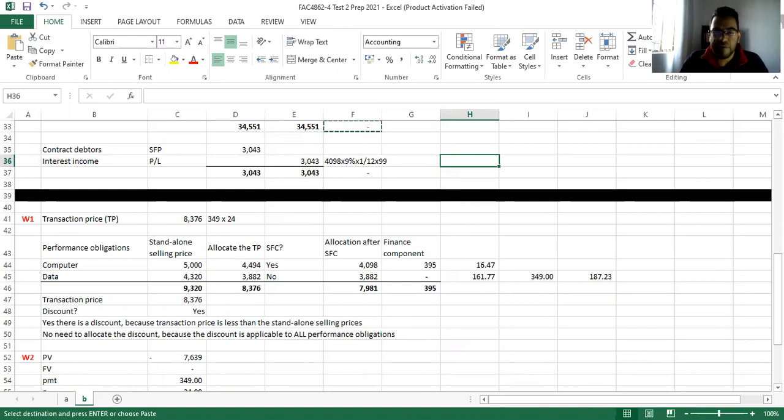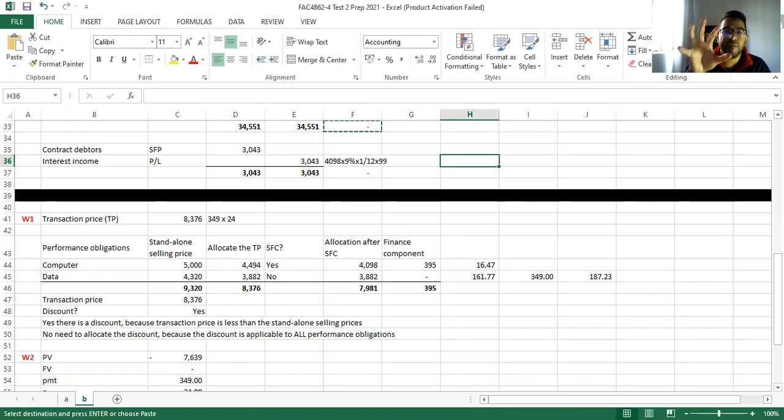On 7-8 December, what takes place. On 31 December, what takes place. On a piece of paper, draw a timeline. You don't have to draw a fancy thing. A timeline is a line with different dates on it. Okay, so here are 3 dates. 1 December, 7-8 December, 31 December. Under 1 December, tell yourself what takes place and what would be the accounting treatment.